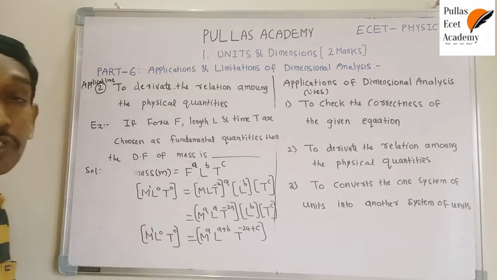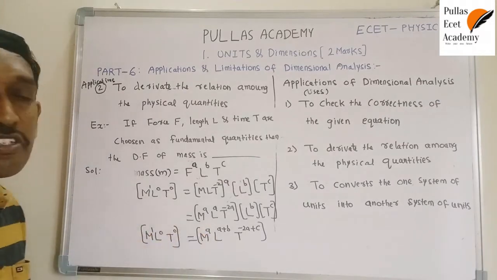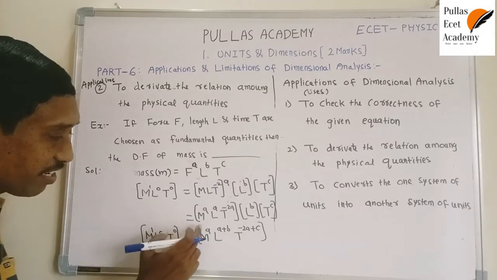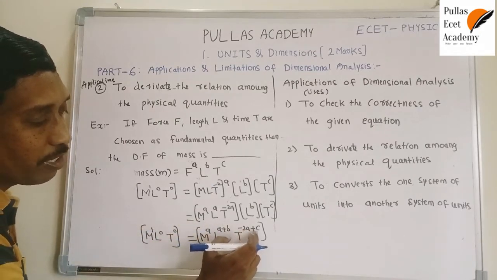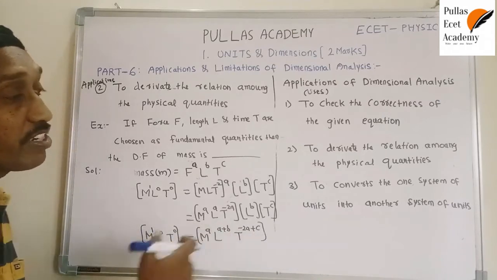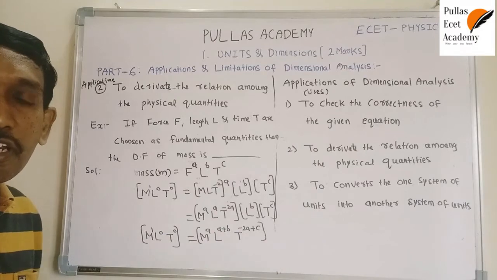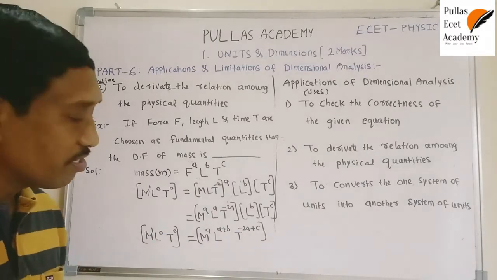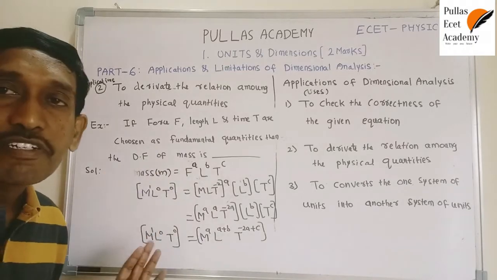Now it is a dimensionally correct equation, so these dimensions are similar. That means A is equal to 1, and A plus B is equal to 0. In the same way, minus 2A plus C is equal to 0, because it is a dimensionally correct equation. So equate the dimensions. You get 3 equations. By solving these 3 equations, you get the A, B, C values, which you substitute in this equation to get the dimensional formula of mass.